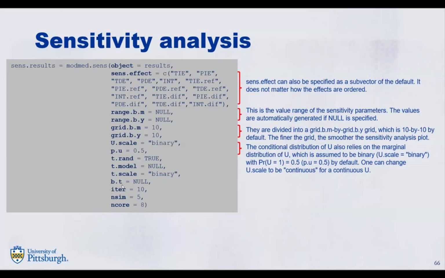And here you have the number of iterations, the number of simulations needed for the sensitivity analysis. More details can be found in the paper and in the R Markdown page for our implementation as well. And because the sensitivity analysis requires intensive computation, I incorporate parallel computing to save time.